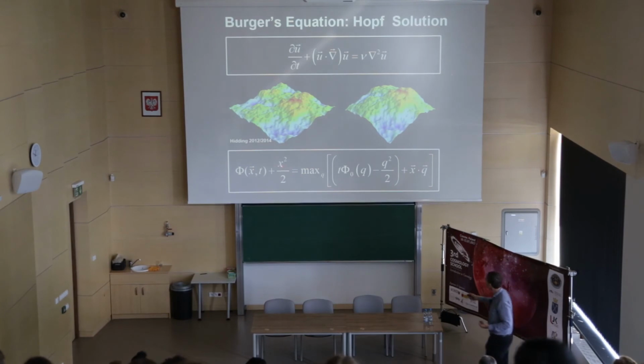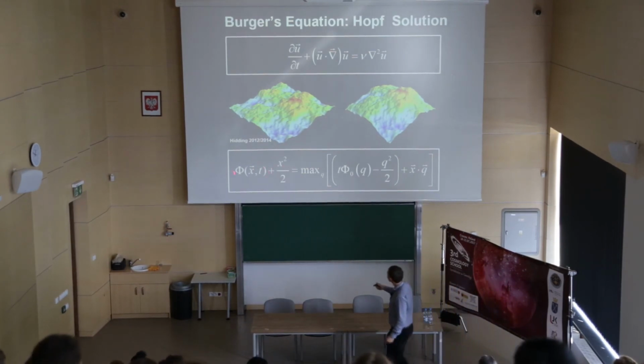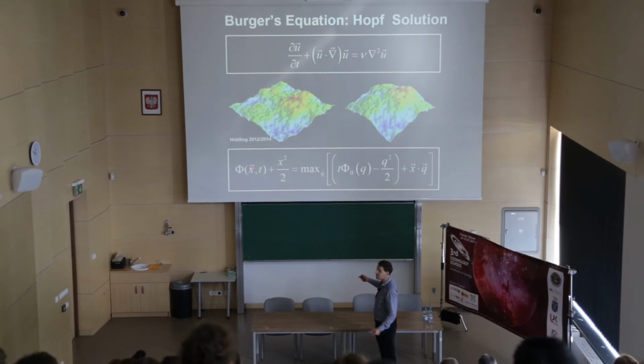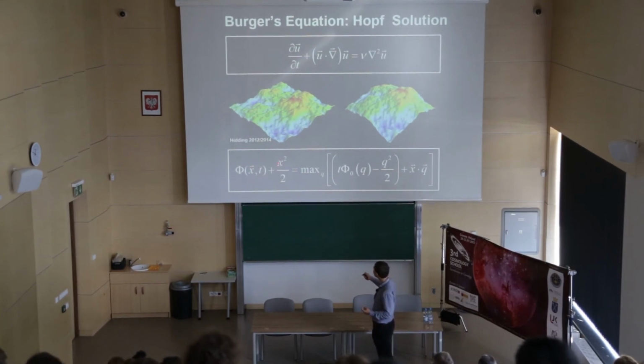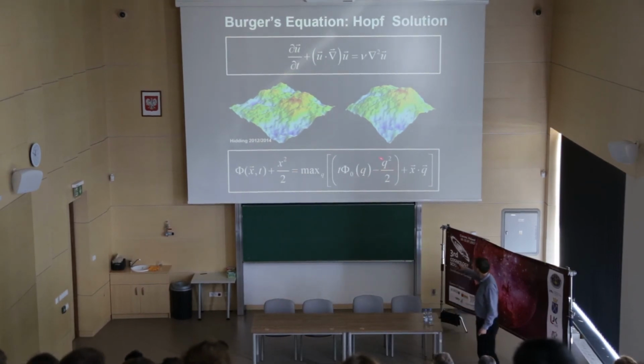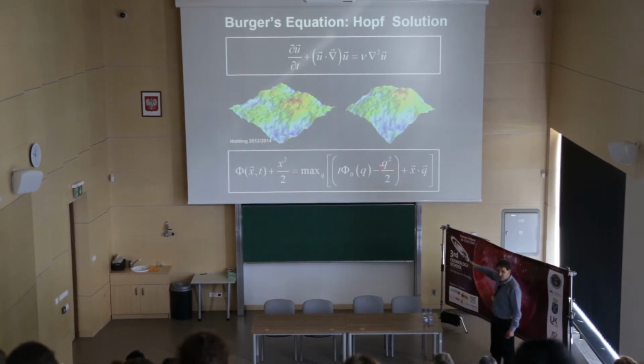The solution is here. This is the gravitational potential at a position nowadays, at the position x, and here you get a quadratic term, and this is the original Lagrangian position.